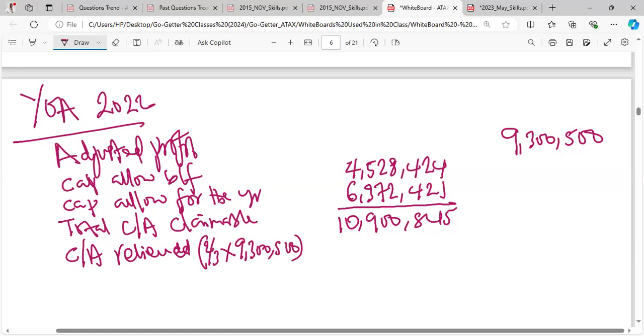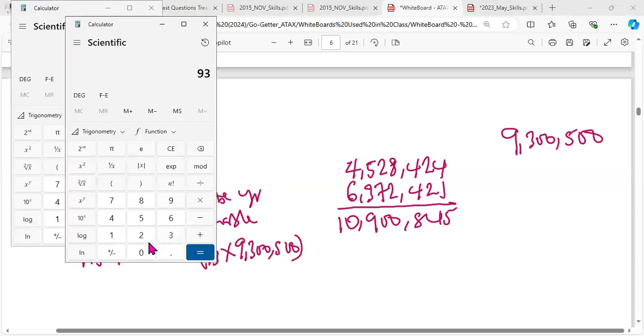So I'm going to look for 2/3 of that. 9,300,500 multiplied by 2 divided by 3.